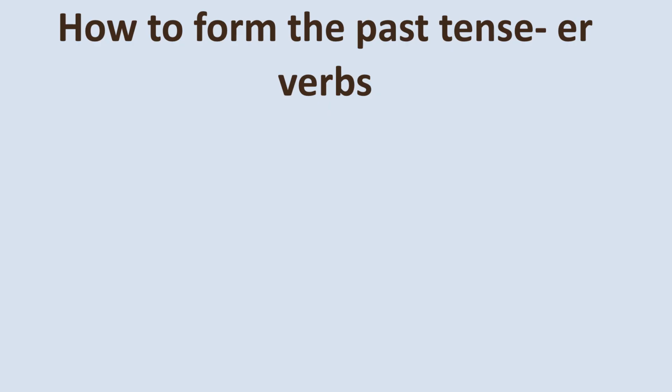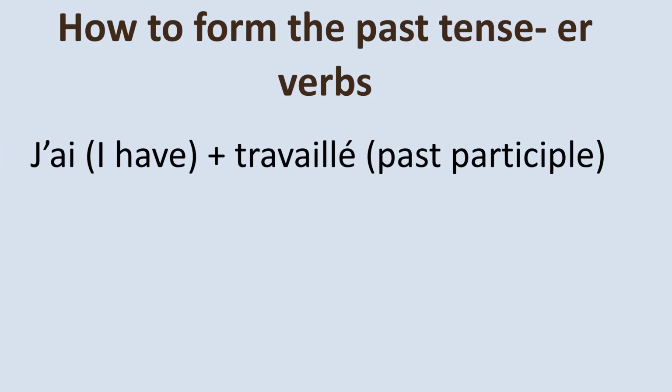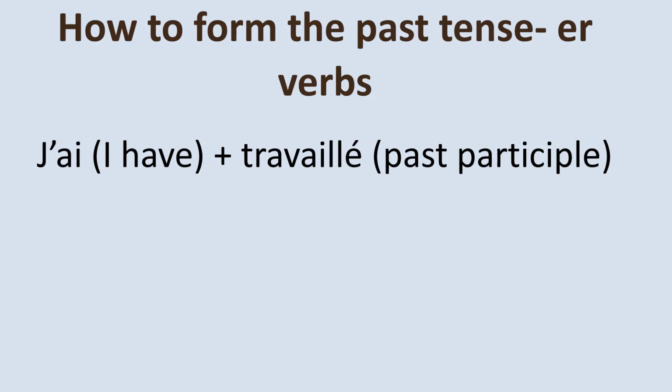It's very simple. You use the verb to have. We're just going to focus on the first person singular: I have, which is j'ai. Then we use the past participle of the verb in question.